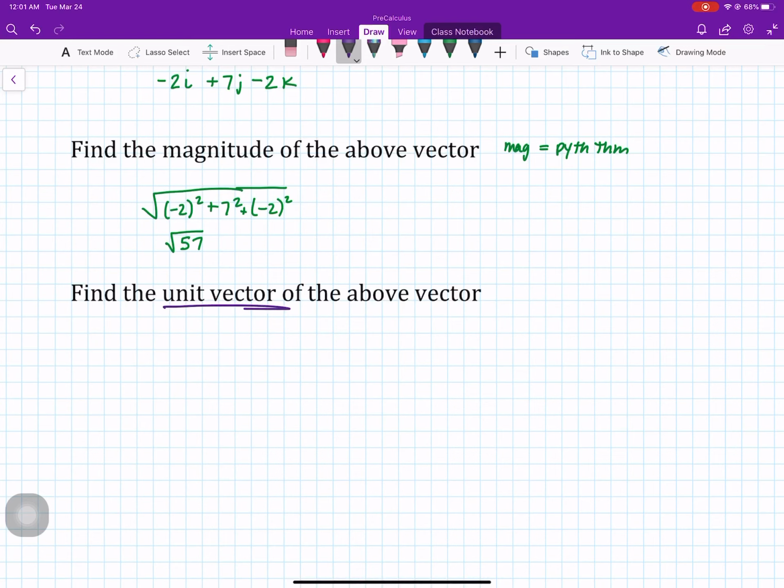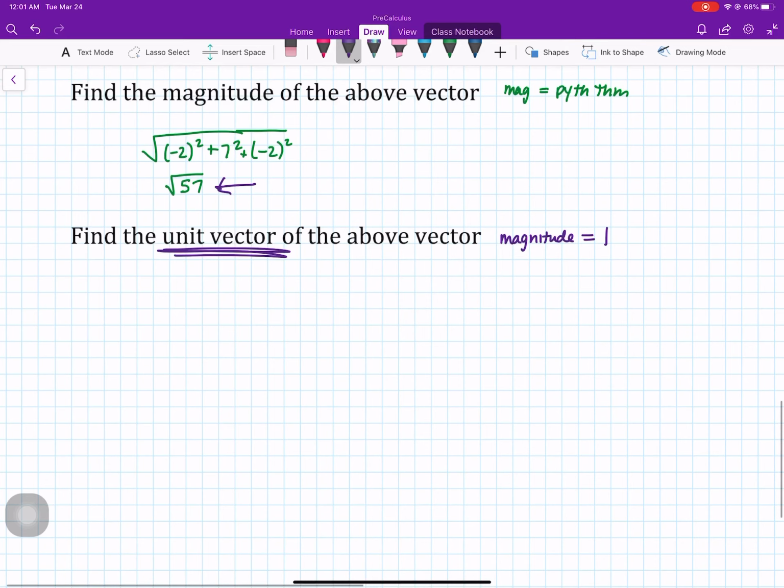So then it says find the unit vector. Okay, unit vector is a vector with a magnitude of 1. So this vector has a magnitude of square root of 57, which is not 1. We have to try to make it be 1.